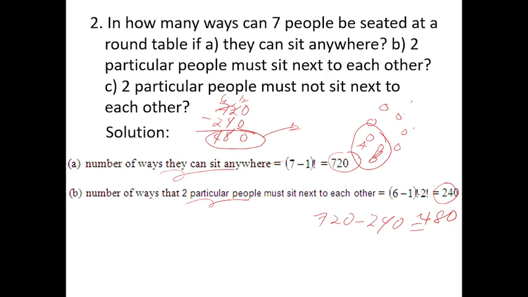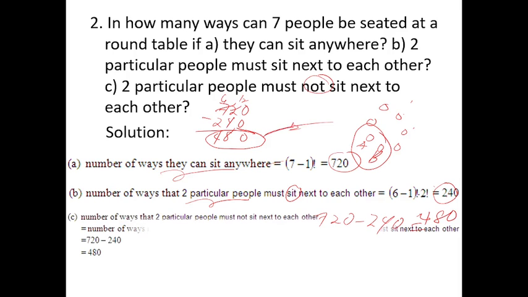Ngayon, the remainder, 480, can now be considered as the number of ways that two particular people must not sit next to each other. So, yung must sit, 240. Yung must not sit, yun yung 480. That's it. So, I hope you get it.